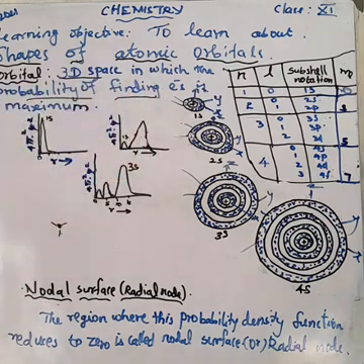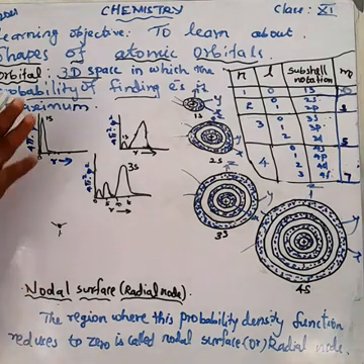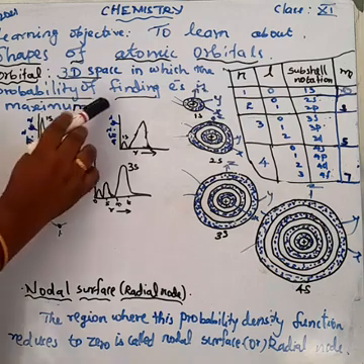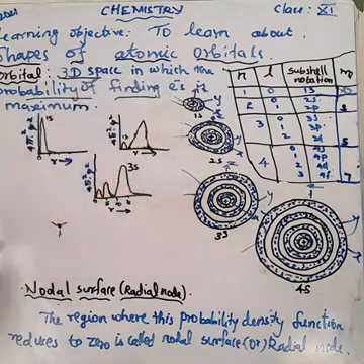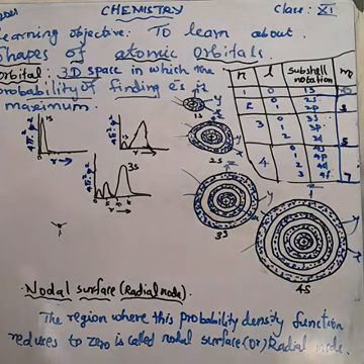That means the place in which the probability, meaning the possibility, of finding an electron is maximum. Understood? According to the Heisenberg uncertainty principle, it is impossible to find out the exact position of an electron in an atom.